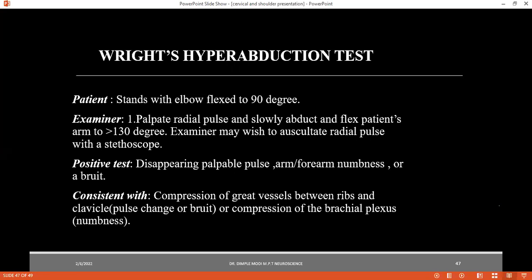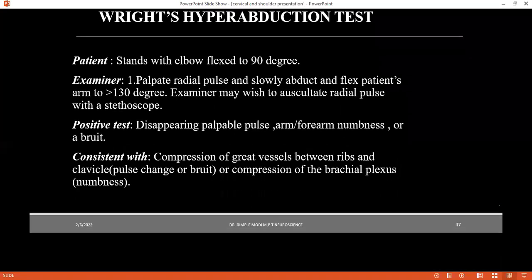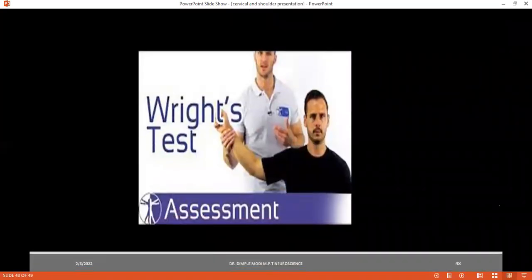Okay. Slowly abduct and flex the patient's arm to 130 degrees. Okay, and you have to palpate the radial pulse, you can palpate with your hand also or the stethoscope also. And if there is a disappearance of the radial pulse or there is forearm numbness, okay, this means there is a compression of the great vessels between ribs and clavicle or compression of the brachial plexus. Okay, this way.